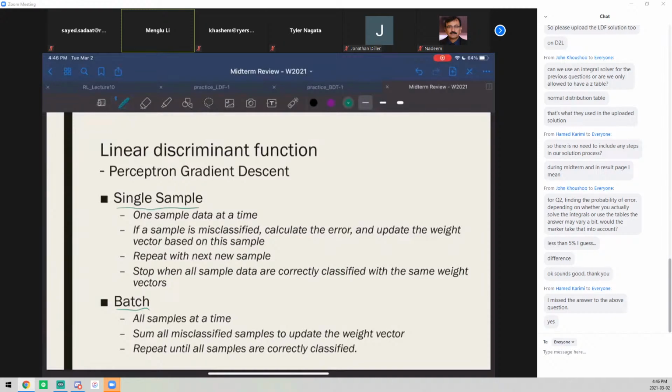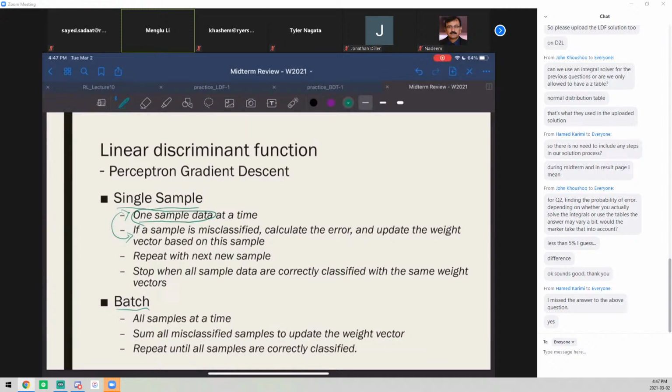So run the single sample, it means consider each sample data at a time. If a sample is misclassified, we calculate the error based on that single sample and update the weight vector based on that single sample. After the update, we repeat these two processes again with the next new sample.